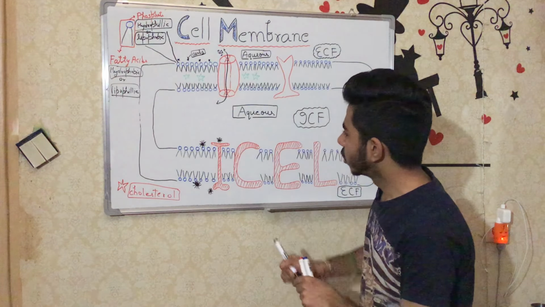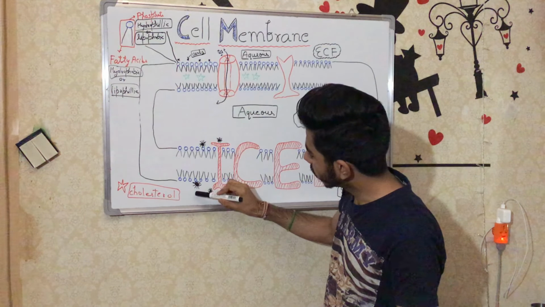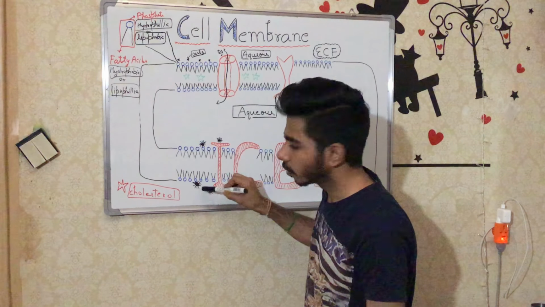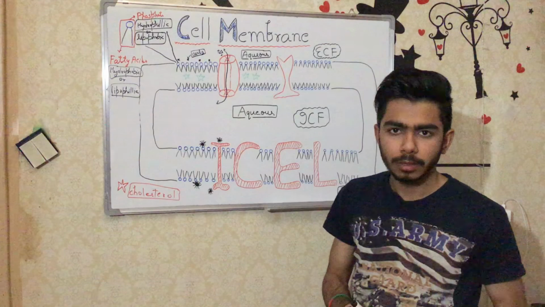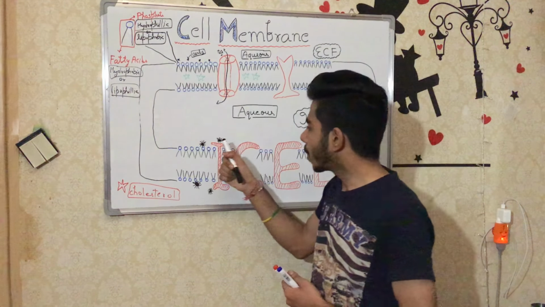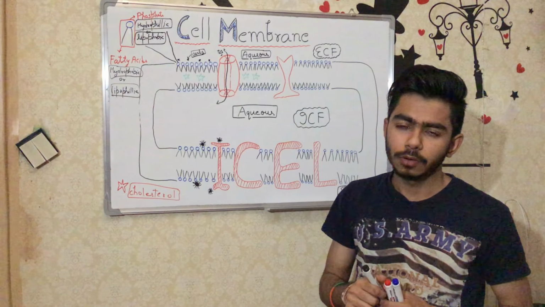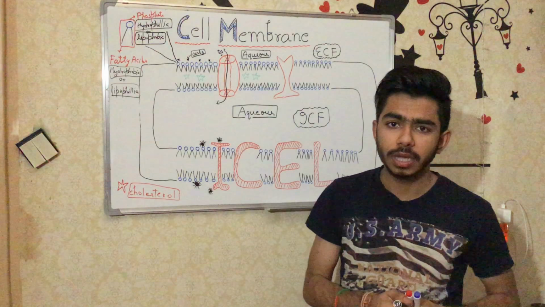They can bind on the inner side and the outer side of the cell with the phosphate groups of the phospholipids. Also they can bind to the integral proteins. They can also bind with the receptors, for example 7-pass receptors or serpentine receptors, G protein coupled receptors.